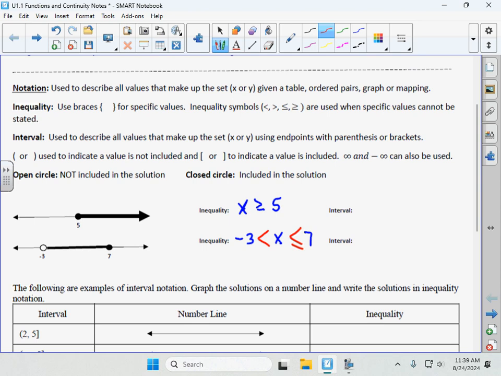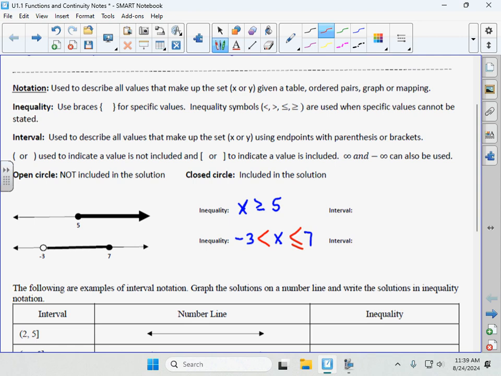You read this as x is greater than -3, but less than or equal to 7. This is a shorthand way of writing that. Anytime you see shading in between, this is the model you want to use: the first number on the left, the second number on the right, x in the middle. Both inequalities will always face to the left.